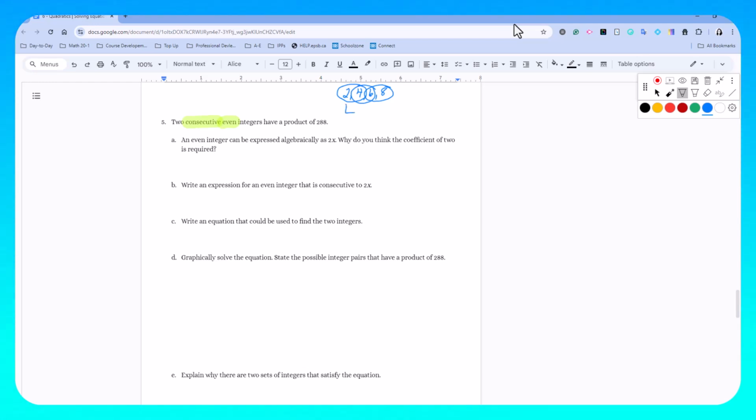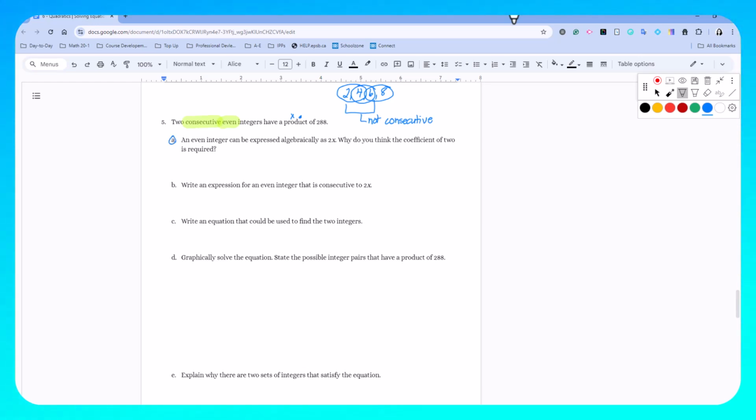But 2 and 6 are not consecutive because the 4 is between them. So we are looking for consecutive even numbers that have a product, and we know product is multiply, but in this course, we're using a dot because we don't want to mix it up with the x's.